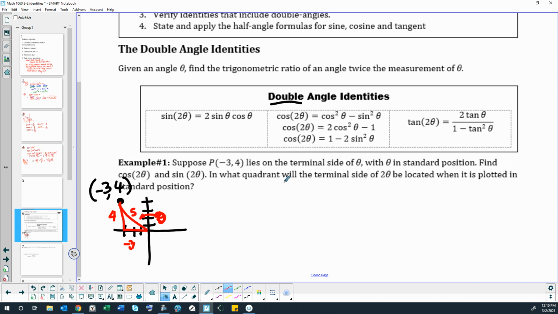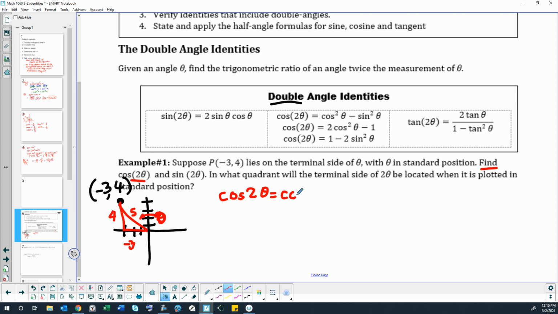All right, so let's go ahead and follow the second question, which is find cosine 2 theta. So cosine 2 theta, why do I always leave the s off when I'm writing cosine? So cosine 2 theta, we can use any of these formulas. We have the triangle, so we can find sine or cosine pretty easily.